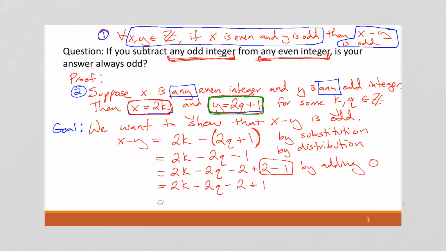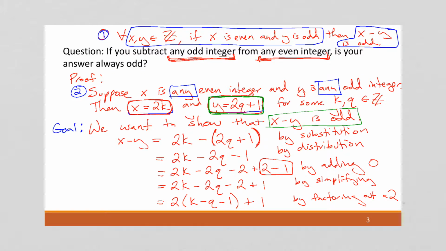Now we can factor out a 2. This becomes k minus q minus 1 plus 1. This is by simplifying, and this is by factoring out a 2. Okay, I've run out of space. But notice our goal is we want to show that x minus y is odd.